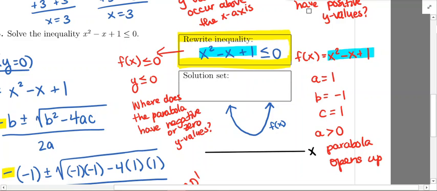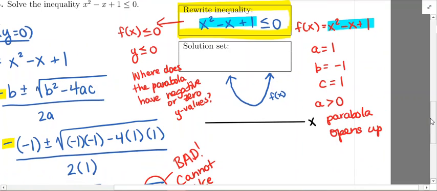We know negative y values occur below the x-axis. And this parabola is never below the x-axis. So basically, the parabola is always above the x-axis.